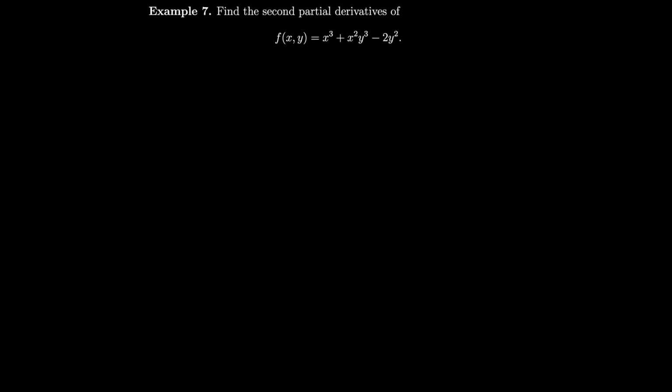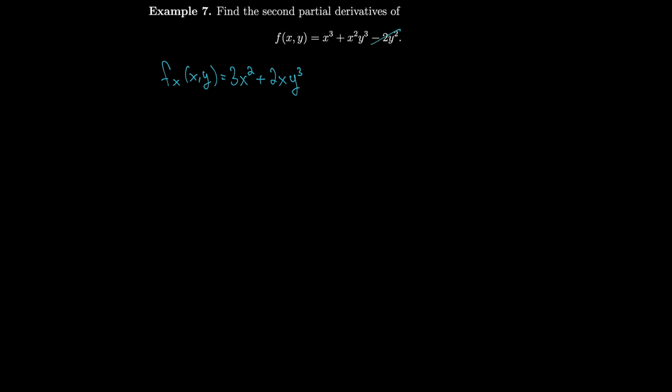How about we find the second partial derivatives of this function over here? So let's find the first partial derivatives. We have fx is equal to, let's see, 3x squared for that guy, plus 2x, because that's the function, and then y cubed is constant, so I'll just keep it.